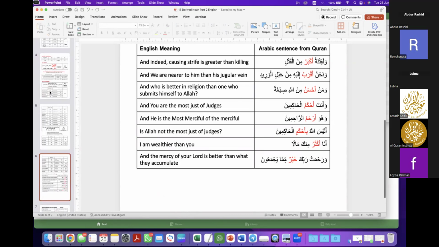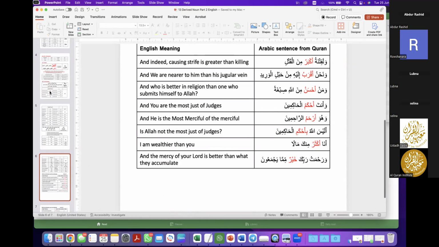The most common two patterns are af'alu and fu'la, but this is not that. So what else could it be? Where have you seen this pattern anywhere else? Do you remember anything Dr. Mahmoud explained?